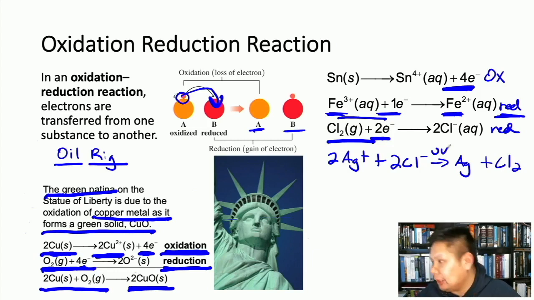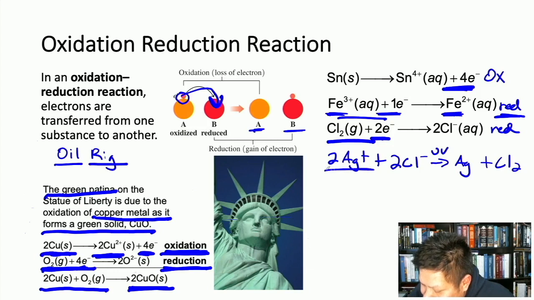Tell me which is the reductant, and which got reduced and which got oxidized. Well, it's pretty simple, right? Because the silver here used to be a +1 charge, and there's 2 of them. So total, it was +2 charge. It had to gain 2 electrons right here, right? It had to gain 2 electrons from chlorine.